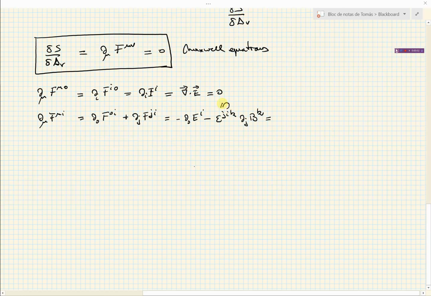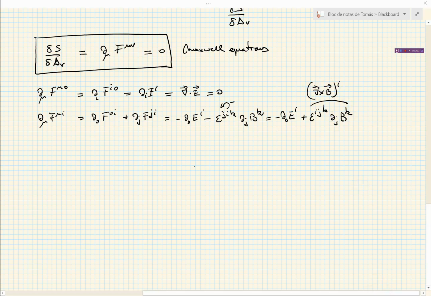Then we interchange these two indices and we get a minus, and as a result we get partial 0 E i plus epsilon i j k partial j B k. As usual, this is the ith component of the vector product of this operator times the magnetic field.